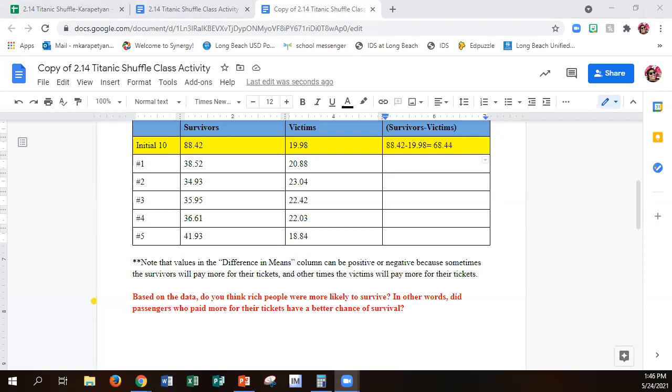Isaac, if you said something, I didn't hear it. Okay, thank you. Let's see here. Can I get Edward, give me the difference for shuffle number 2, please. Mel, can I get shuffle number 3, please?